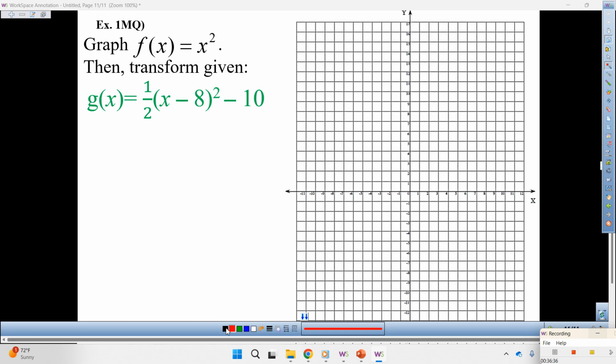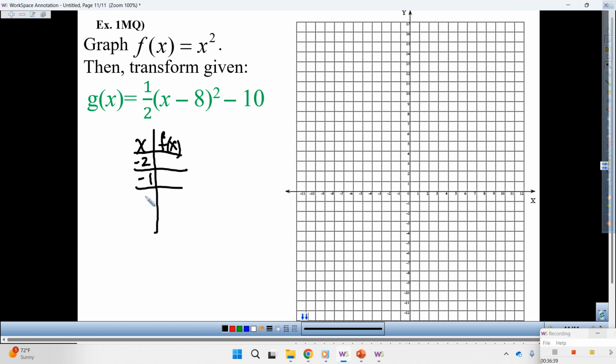All right, for the sake of time, what is the first thing we do? Enrique. Oh, my goodness. Table. Oh, okay. -2, -1, 0, 1, 2. And what are my f of x values, Mario? What? Oh, my bad.